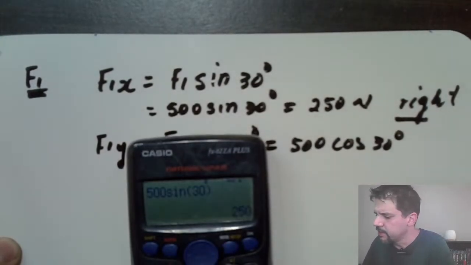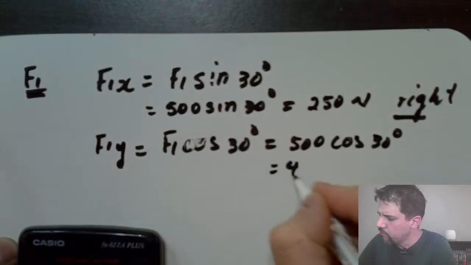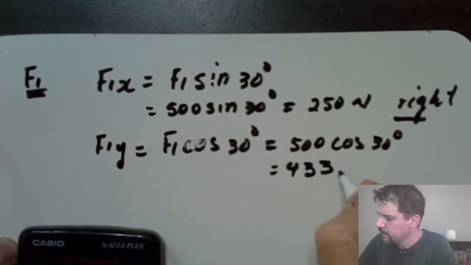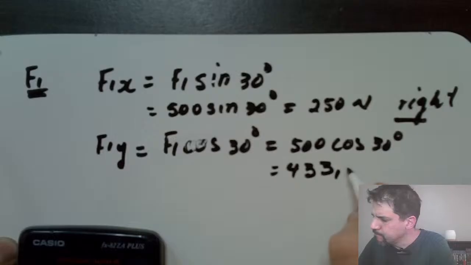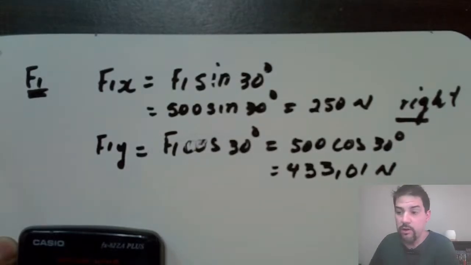It is 500 multiplied by cos of 30 degrees, and we get 433.01 Newton.